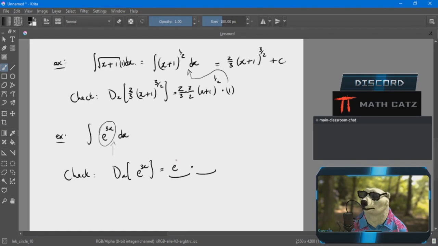Derivative of the outside function is e to the 3x. Derivative of the inside function is 3. Sometimes, when the second part of the chain rule is just a number, that number isn't always visible.